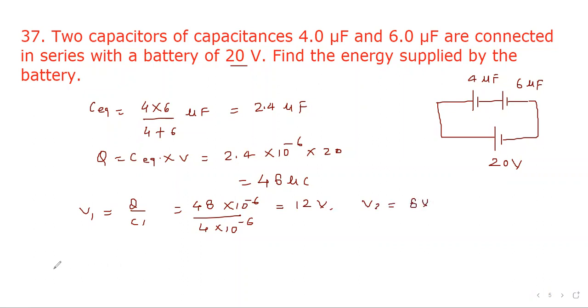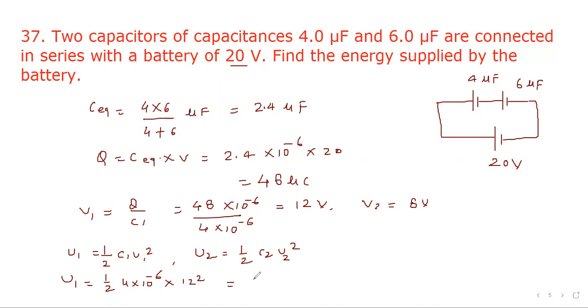Now energy stored. So U1 equals half C1 V1 square and U2 equals half C2 V2 square. Let's evaluate. U1 equals half C1, C1 is 4 into 10 to the power minus 6, into voltage 12 square, which will become 288 into 10 to the power minus 6 joule.